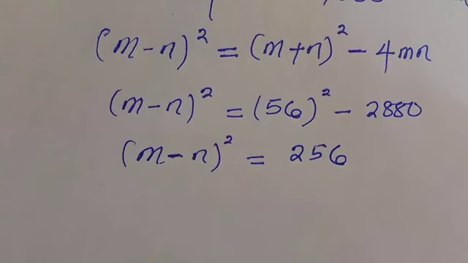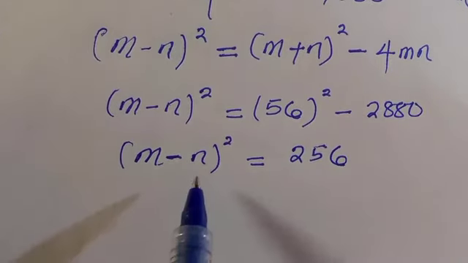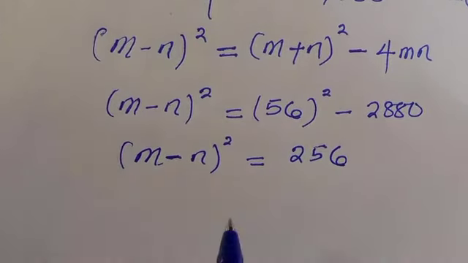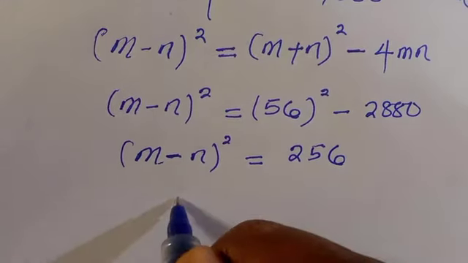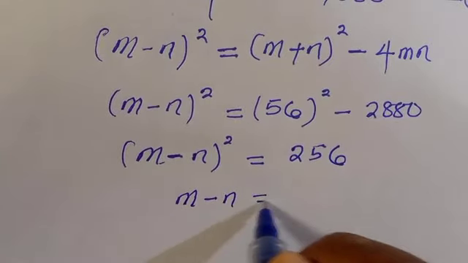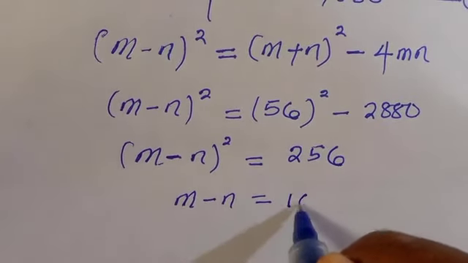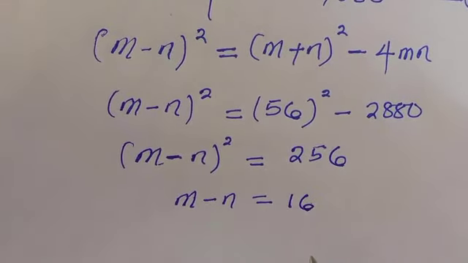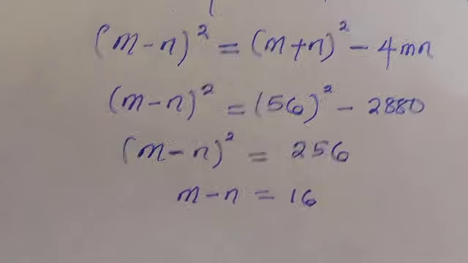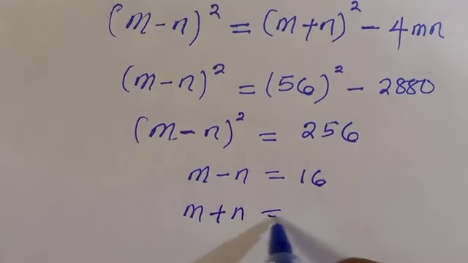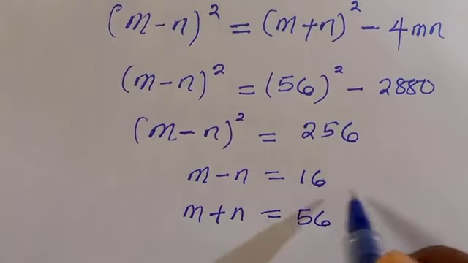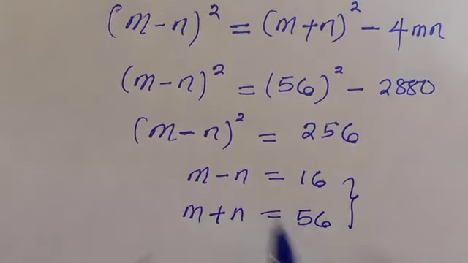By taking the square root of both sides and going with only the positive side, we have m minus n equals 16. This equation looks nice, and we can pair it with m plus n equals 56. So we solve these two equations.